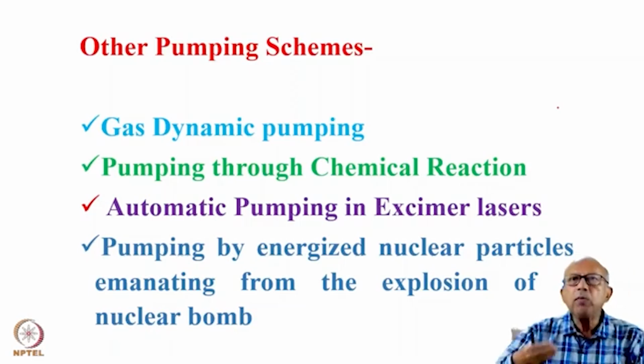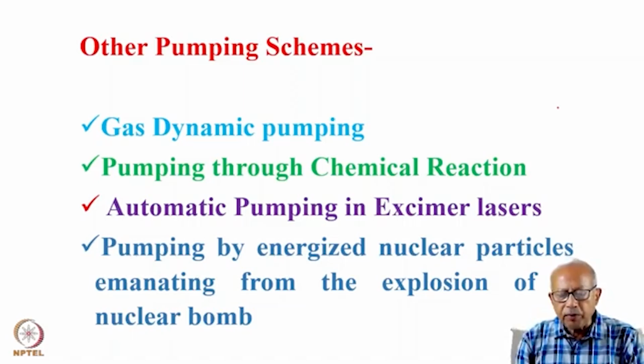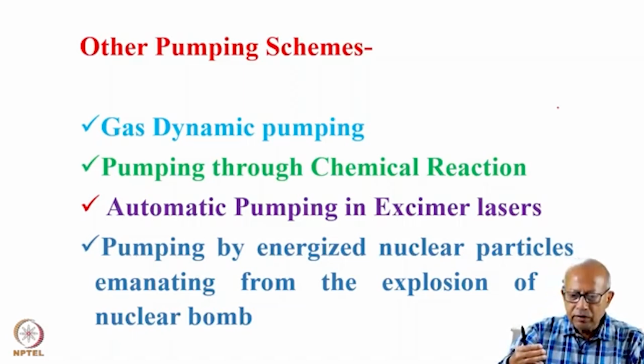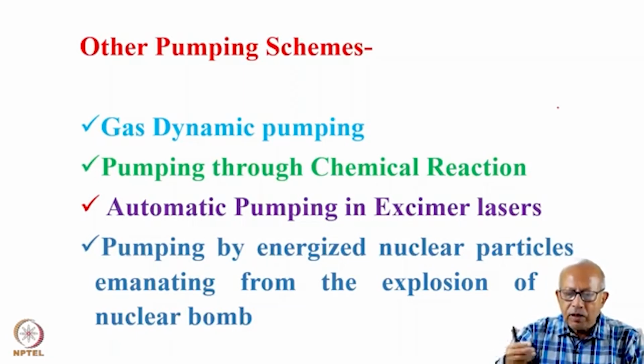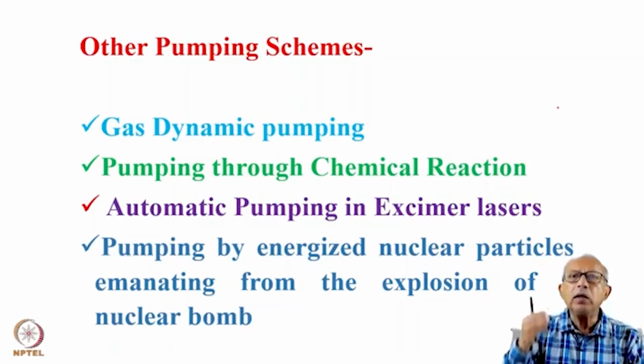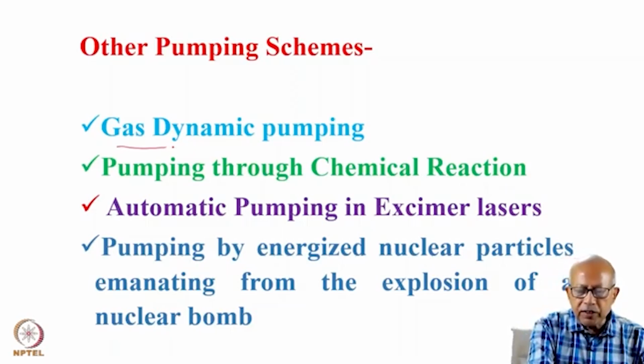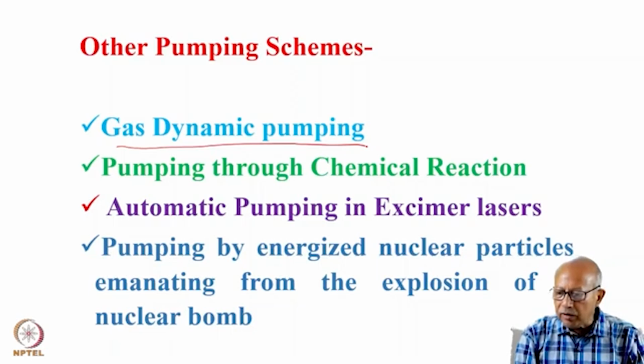The two most popular pumping schemes that we just described are optical and electrical pumping. But there exist some other pumping schemes that are very specific to particular laser systems. One is gas dynamics. Let me explain the physics underneath gas dynamics.